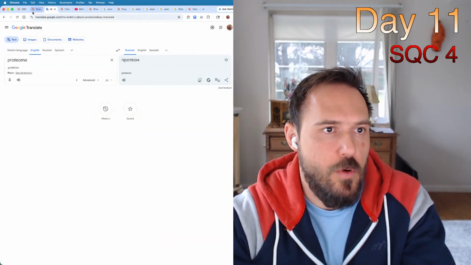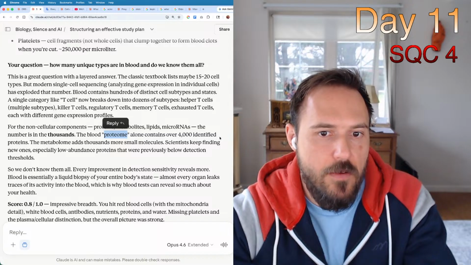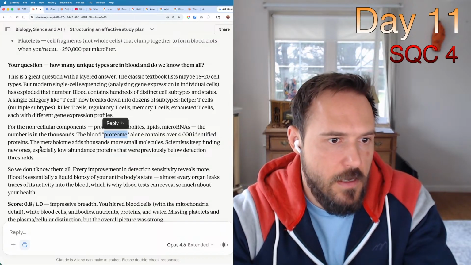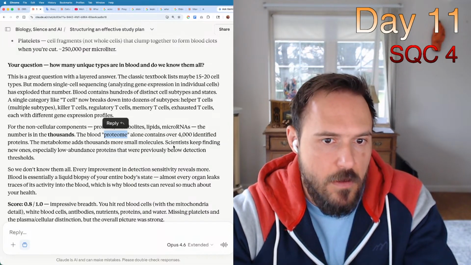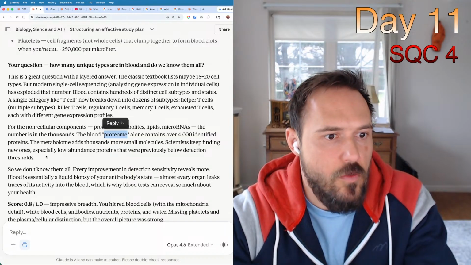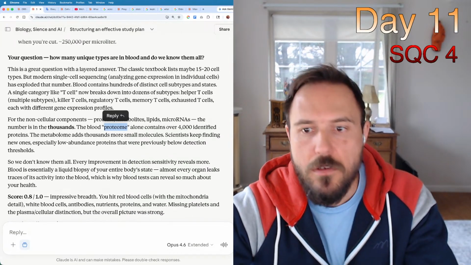Proteome alone contains over 4,000 identified proteins. The metabolome adds 1,000 more small molecules. Scientists keep finding new ones, especially low abundance proteins that were previously below detection thresholds.